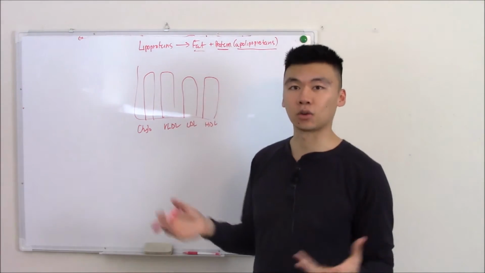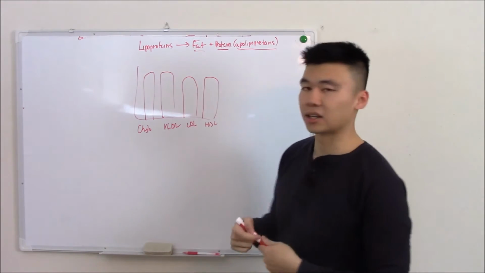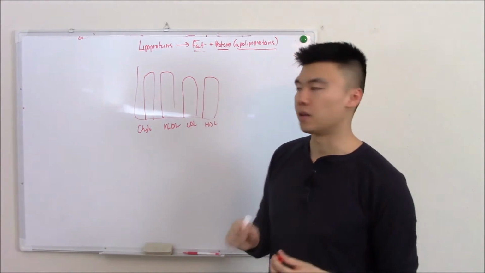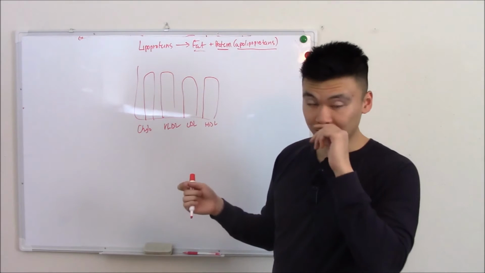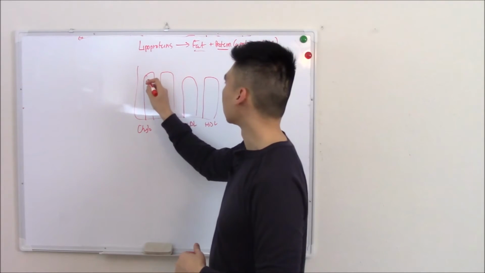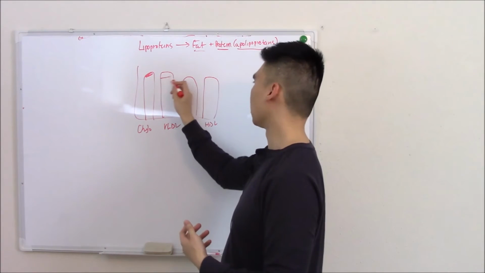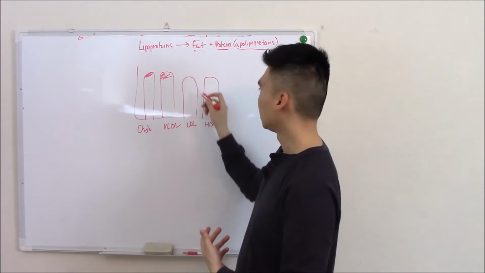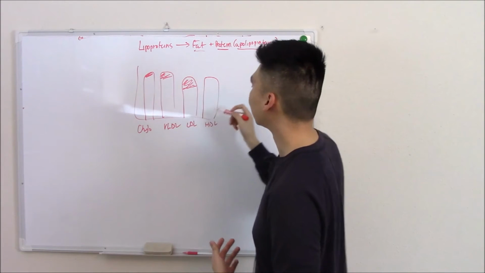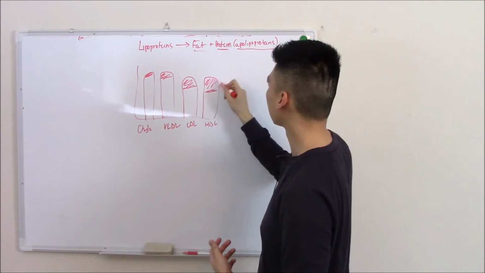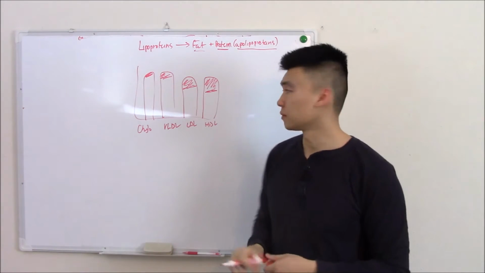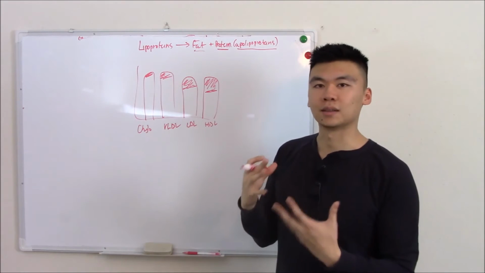Now there are different categories of lipoproteins, and they're all classified by their weight. Chylomicrons weigh the least, and that's because they have the least amount of proteins. Very low density have a little bit more, LDL have a little bit more, and then HDL has the most. Now HDL has the most protein and the least amount of fat.